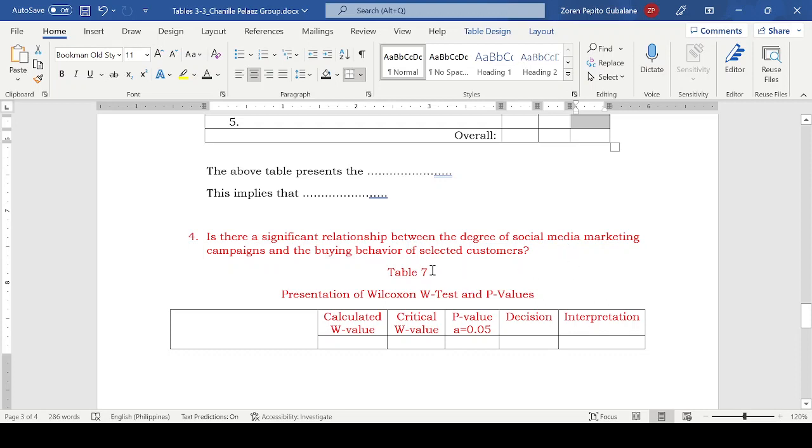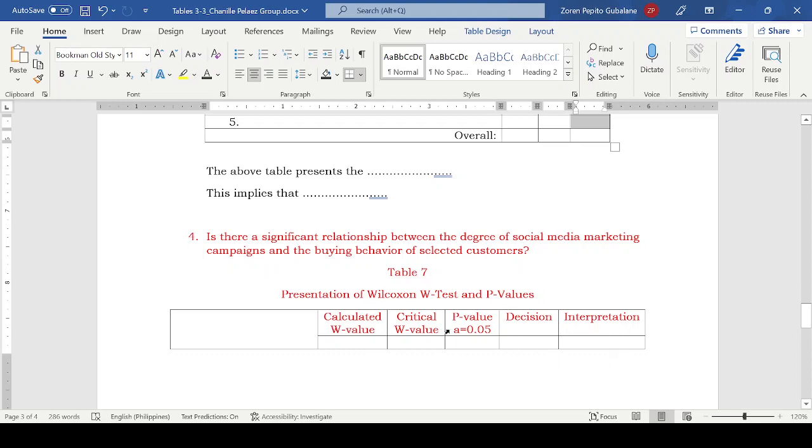May kaugnayan ba ang social media marketing efforts ng company with the buying behavior of the customer? All right. So, depending on the appropriate statistical treatment that you are using, the design usually looks the same. So the common design is this one.